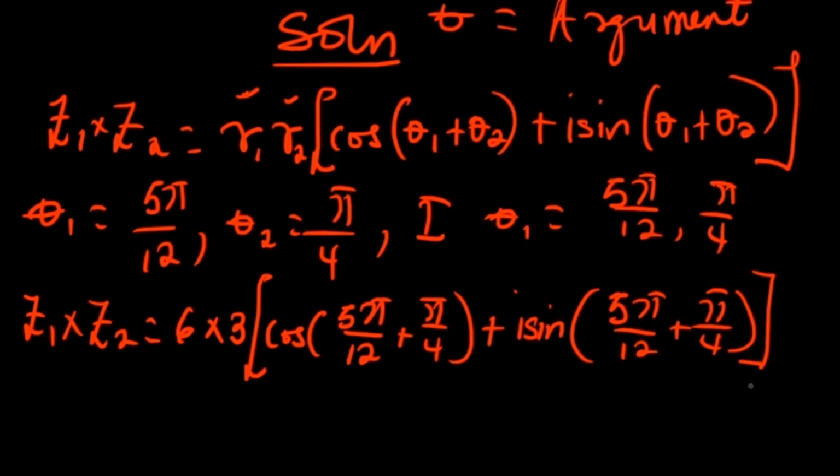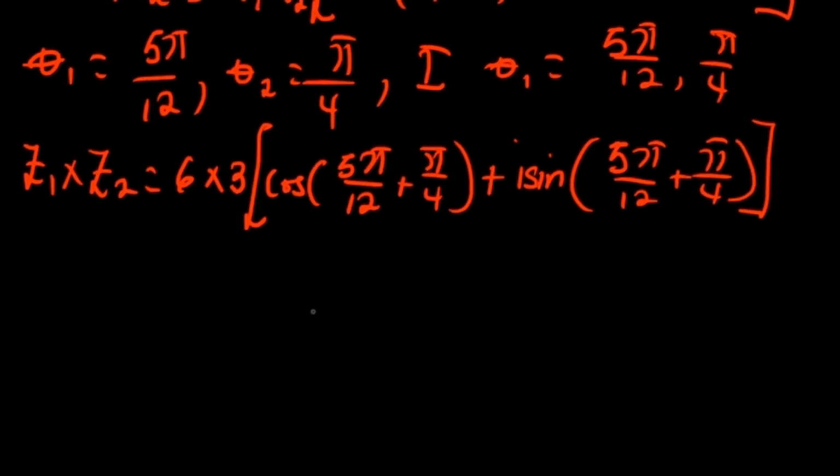Okay. Now let's go ahead and evaluate this. So 6 times 3 gives us an 18. Then we have the cosine. So here we are going to find a way to get the common denominator. Since there are two fractions here, the common denominator between 12 and 4 is 12.